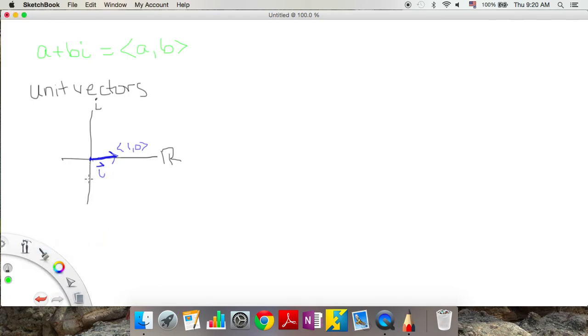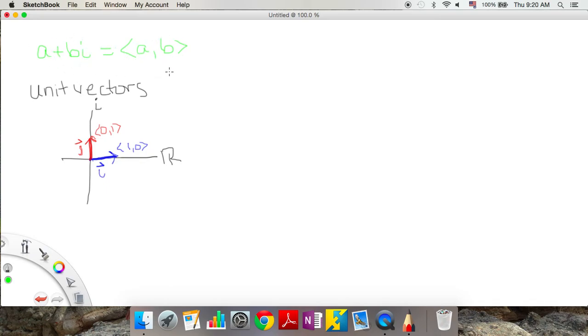And we also have, let's use a different color, one on the imaginary axis where we go up, and this one hits at 0, 1 because it's only going in the imaginary direction, and we call it j. Now these are vectors. They're the unit vectors. i is the real part and j is the imaginary part. So when you have a complex number, you can write it just as a complex number.